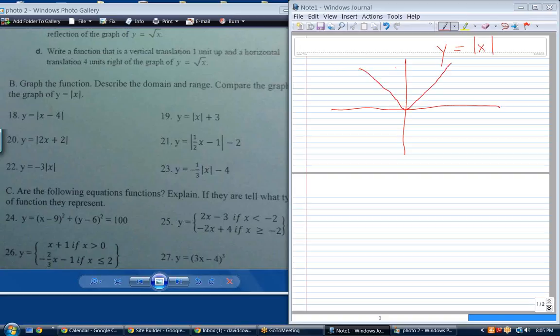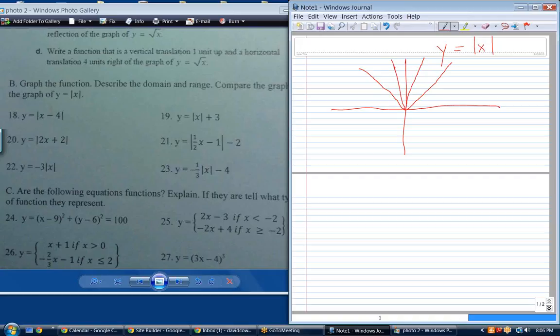Oh, yeah. Okay. So it would get wider? Actually, it gets skinnier. The 3 makes it skinnier, makes it narrower. So like this. And what's the minus sign do?